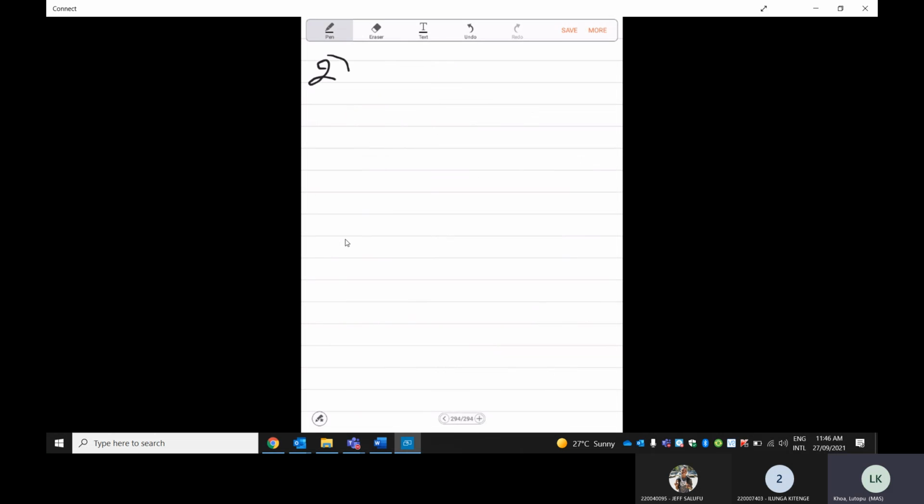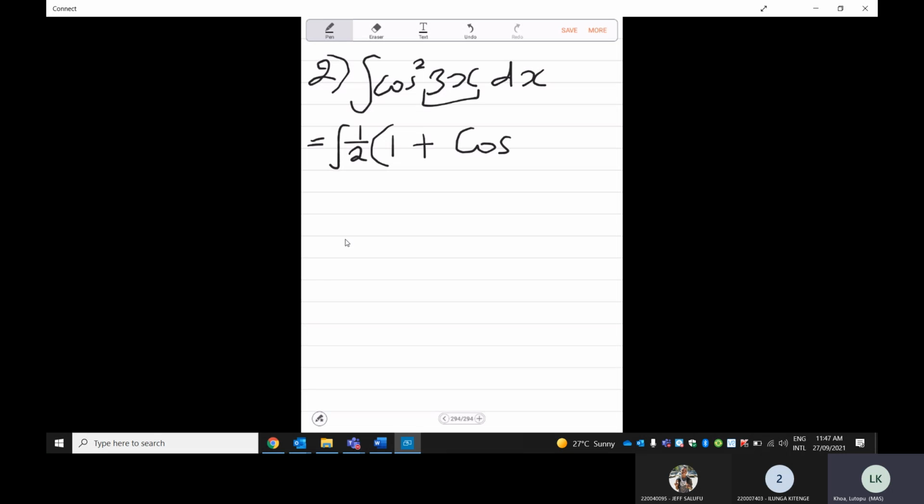Number 2, we have the integral of cos squared 3x dx. So again, here our exponent is even. So in our mind, we should already be thinking, I need to use the double angle identity. So the double angle identity is the integral. I have a half, then it's 1 plus because it's cos, and then cos of 2 times this angle.